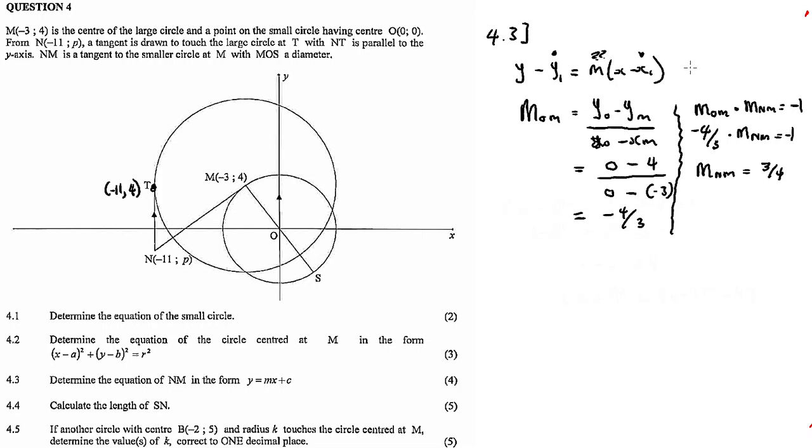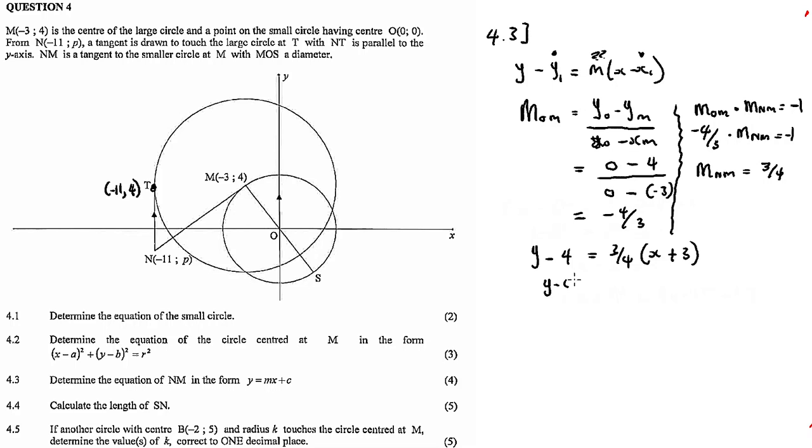Now having the gradient, I also have a point. Now I can find the equation of NM. Look now. y minus y1, what is y1? It is 4. I'm substituting now. M, what is it? The gradient of NM is 3 over 4. X1, what is it? X1 is minus 3, so it's plus 3 here.